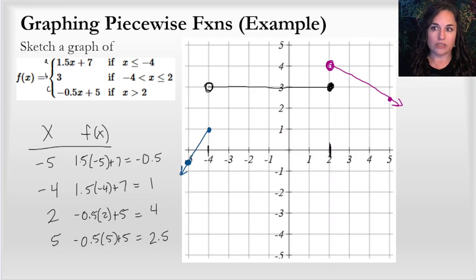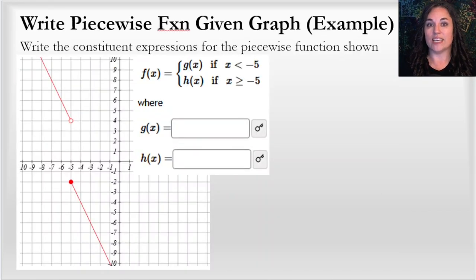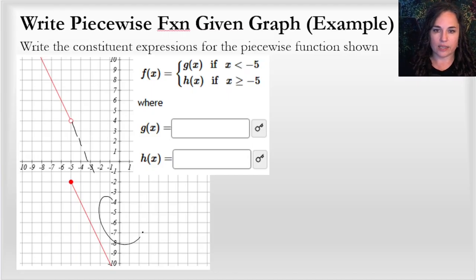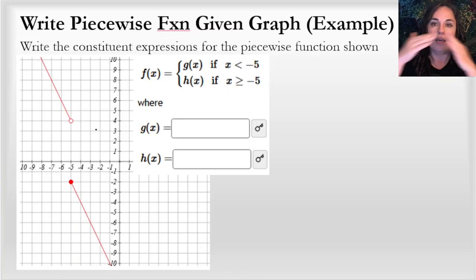Another learning objective I have for you this lesson is for you to be able to write piecewise functions given the graph. And I've found in my experience that this can be a little bit more challenging for students. Mostly because on the previous slide, we had a line end in the middle, and some students just like to guess what the x-intercept is, or they get confused: how do I find the equation of the line if I don't have all of the line, right?